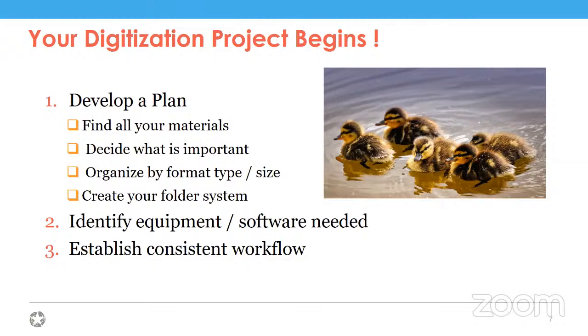The next thing you should do is then to organize by format type and/or size. Let's say you open that shoebox and it has photographs and negatives and documents and letters. You might want to separate all of those out. So put all the photographs together, do all of the negatives together, sort it that way. Or sometimes you have postcards and letters. So maybe we do all the postcards together and then all the letters are different, because those are slightly different formats, slightly different sizes.